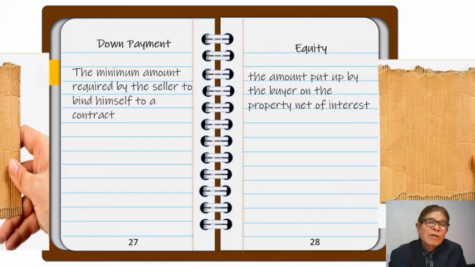But for brokerage, the most prevalent is 30% down payment because the bank usually requires 30% equity, 70% loanable amount. So that's the difference between down payment and equity. Okay?